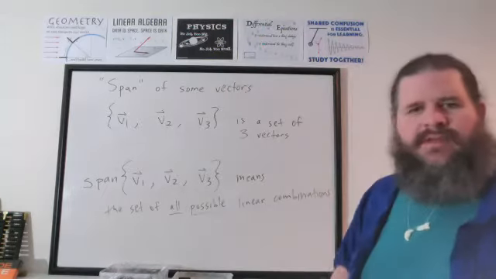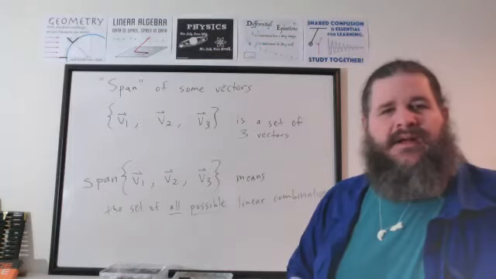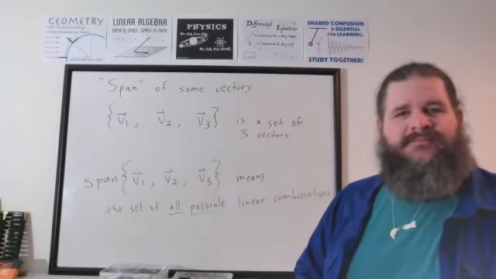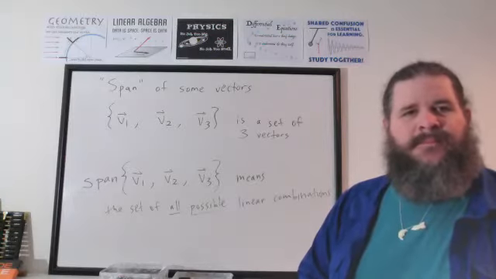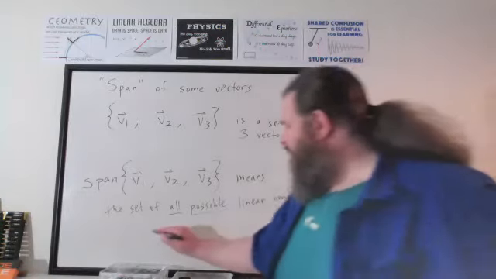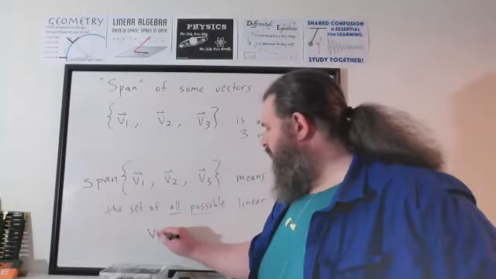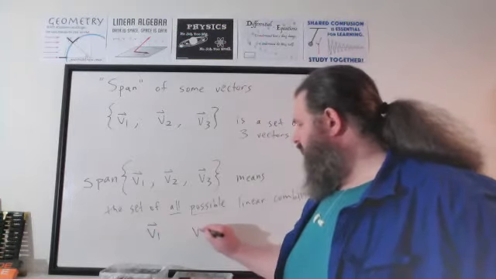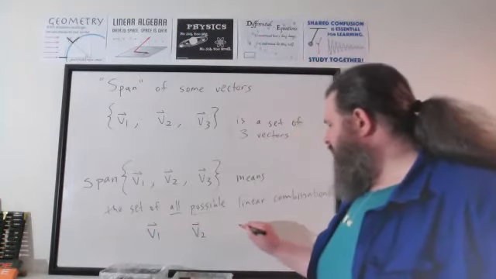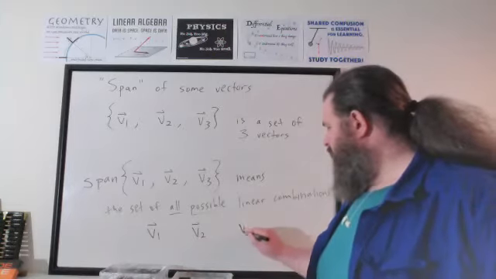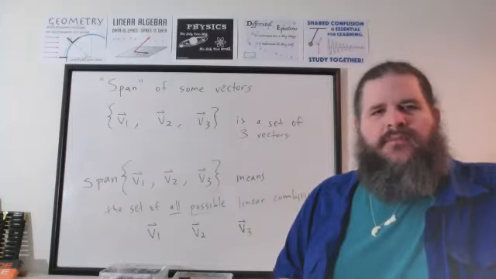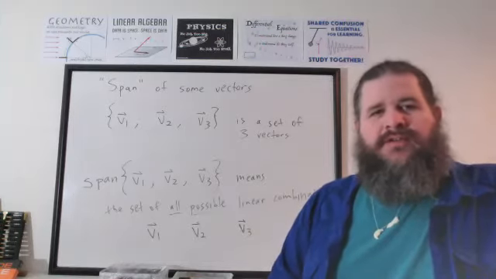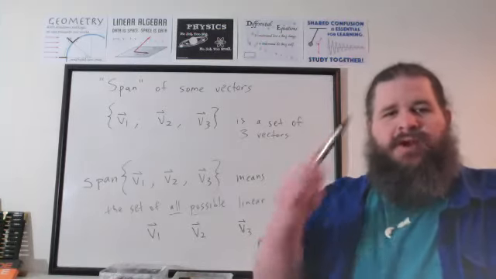And have you seen yet what we mean by linear combinations of vectors? If we're talking about a linear combination of, in this case, v1, v2, and v3, first of all, is there any operation you can do to a vector that doesn't change which direction it's pointing?